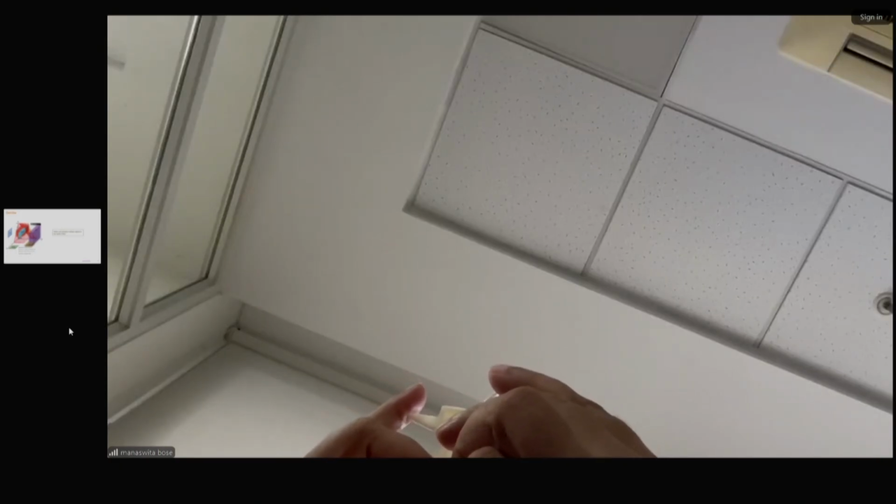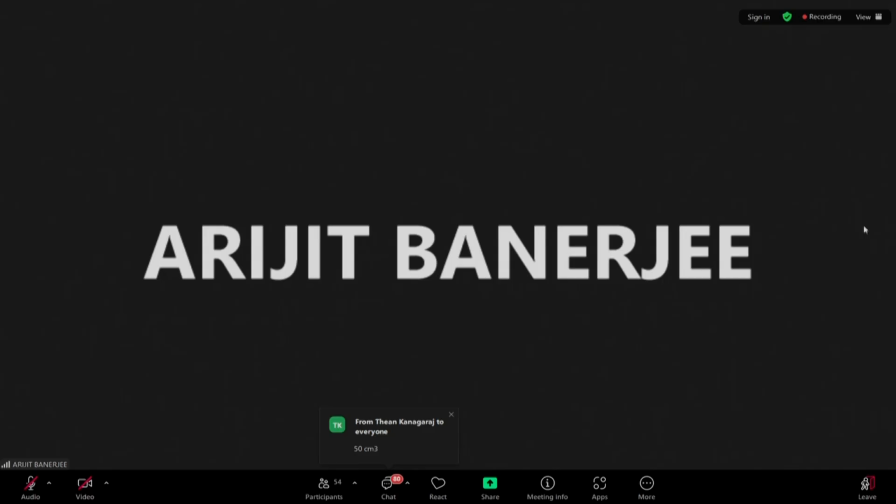So what is the volume? About 150 ml. We can calculate the exact number, pi by 4 d square into h, we can calculate that number, right?